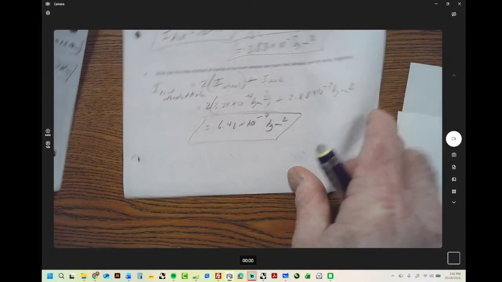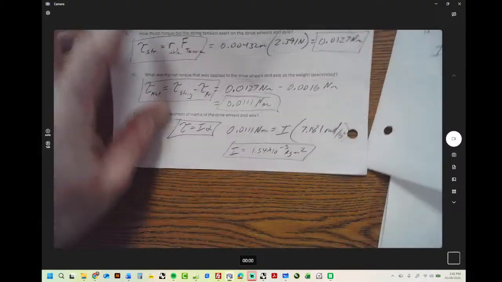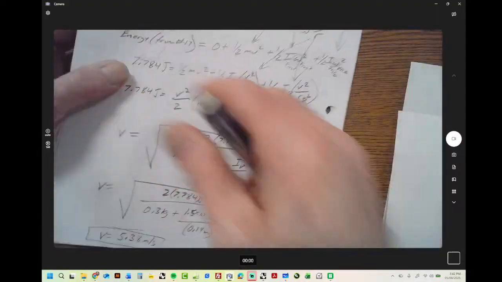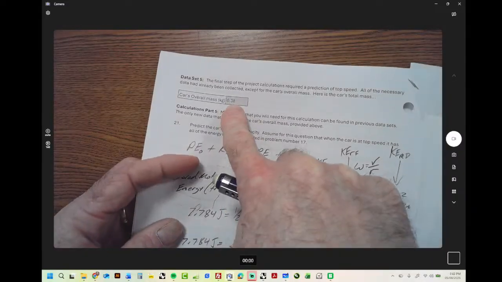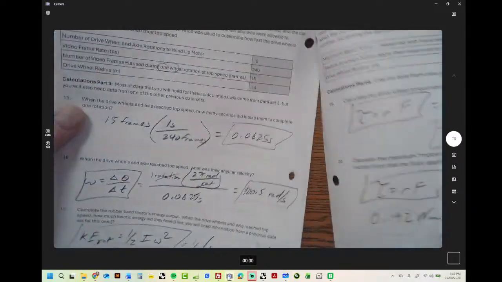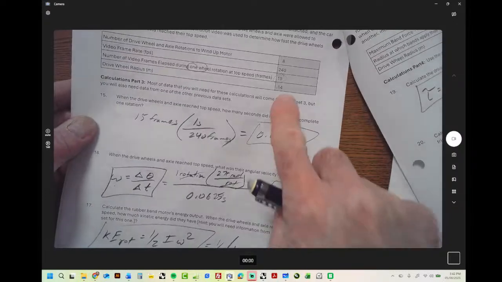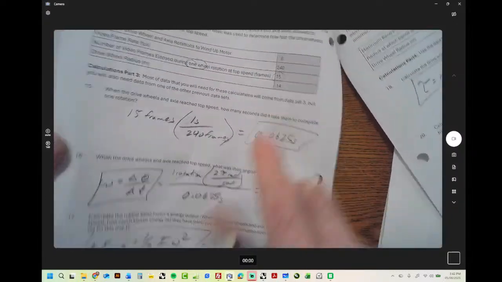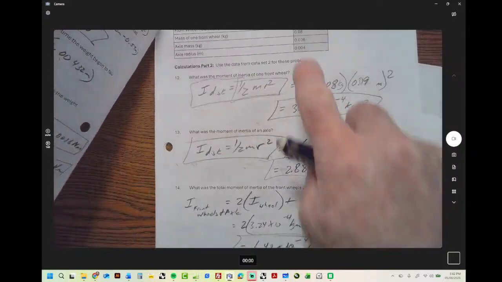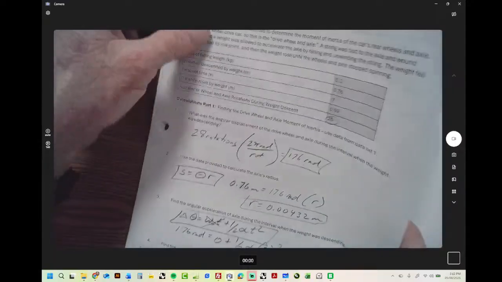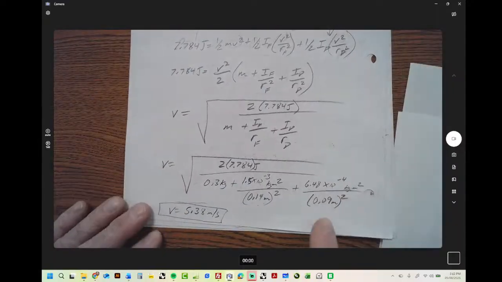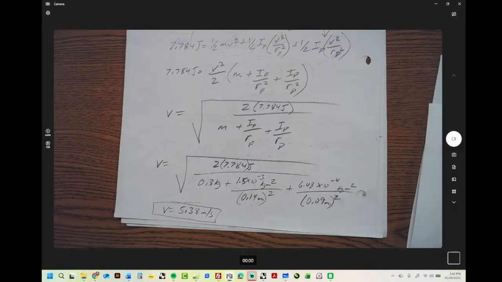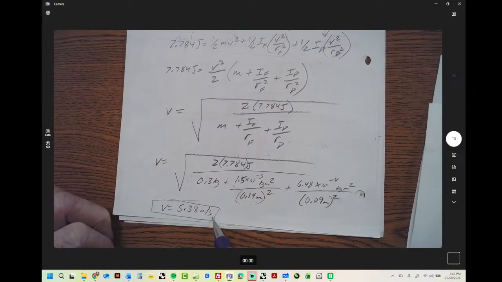I want that whole thing. And the rear wheel and axle moment of inertia is right there. That's the more important one. The mass is right here. The radius of the drive wheels is right there. And the radius of the front wheels is right here. So plug all that in and carefully calculate it all, and you should get this.